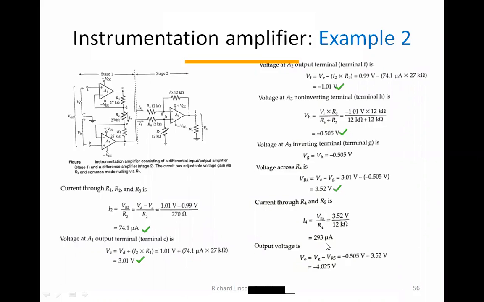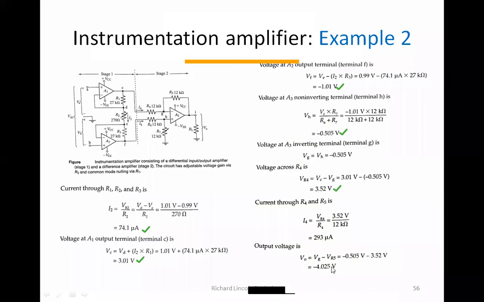So the output voltage now, since I know all these intermediate voltages: V naught, the output voltage, is equal to VG minus VR5, because this is connected, isn't it? So VG minus the voltage across resistor R5. So minus 0.505 and minus 3.55, just bring it down.